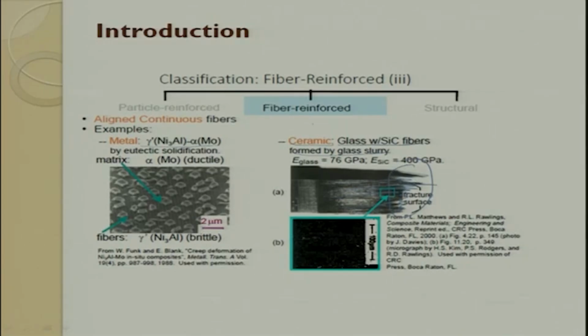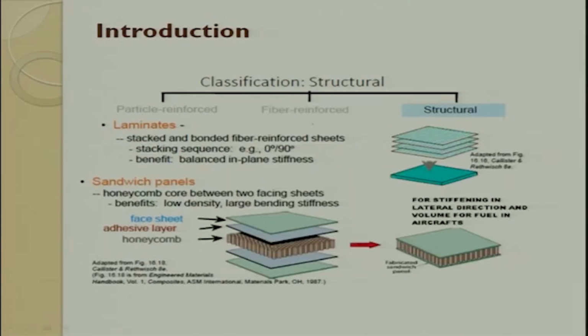This is an example of fiber reinforcement, and the last one is structural. You can have laminates with varying orientations, which we have discussed at length, and the other is sandwich composites. Sandwich composites are lighter in weight and give a lot of stiffness.